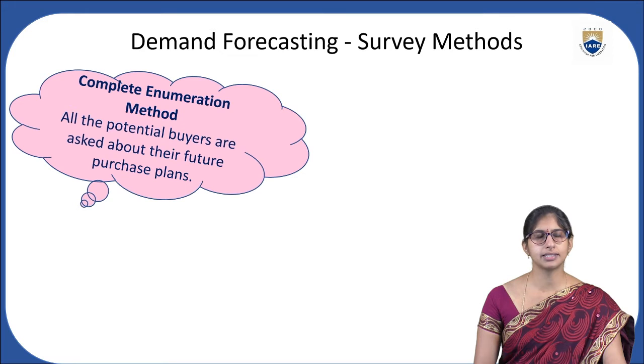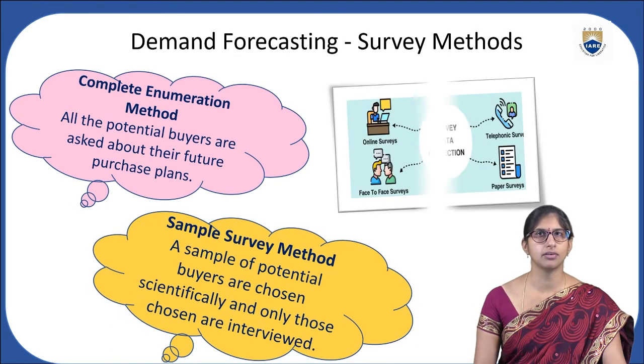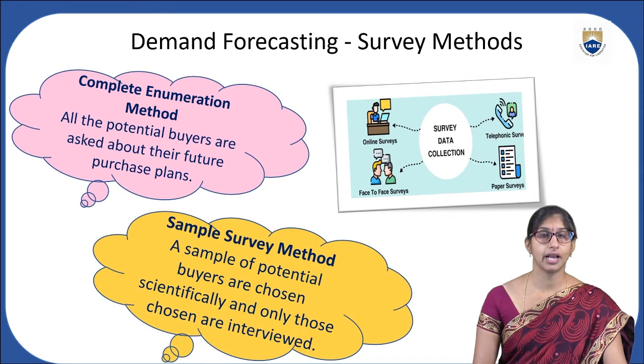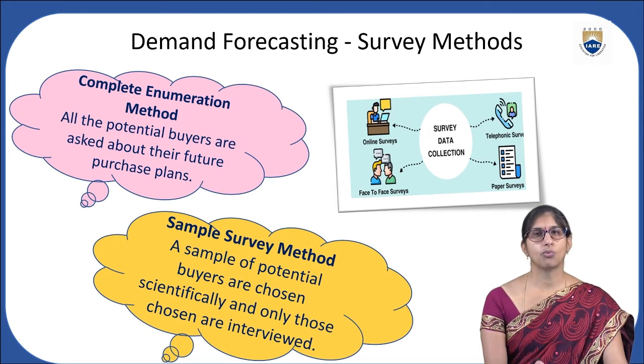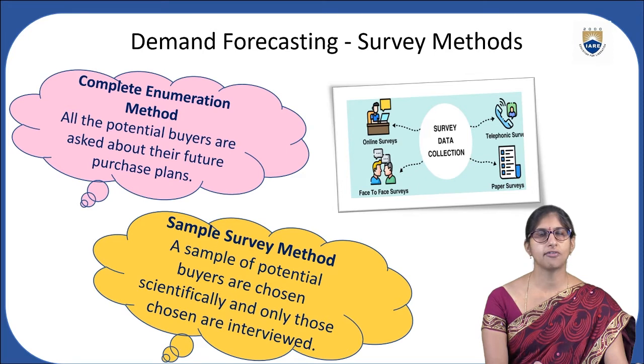In survey methods, we also have two more methods, the complete enumerated method and the sample survey method. Complete enumerated method means one must identify the potential buyers, and the manufacturer collects data from those potential buyers.